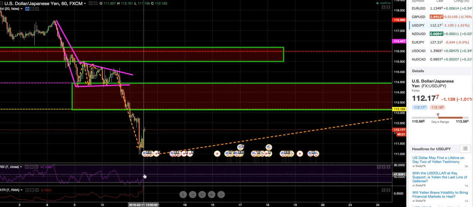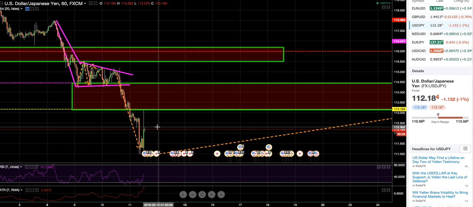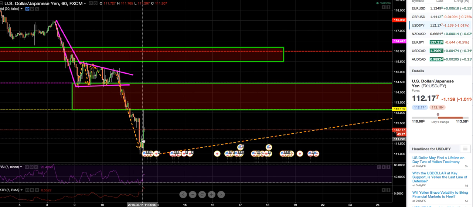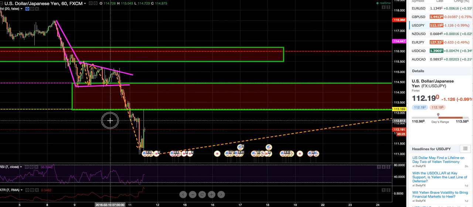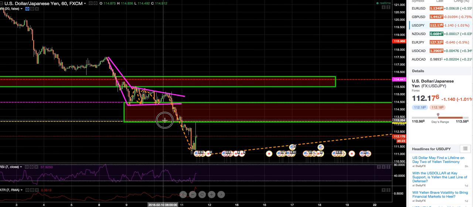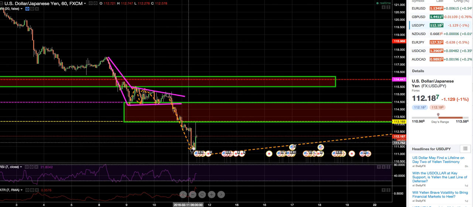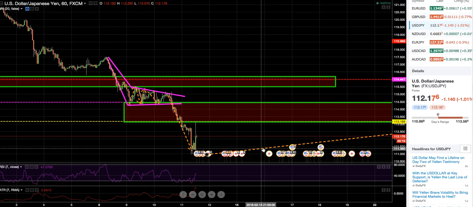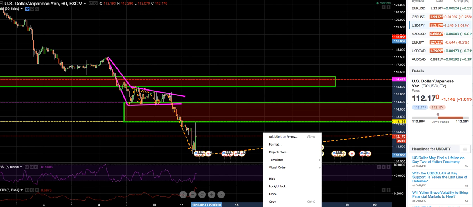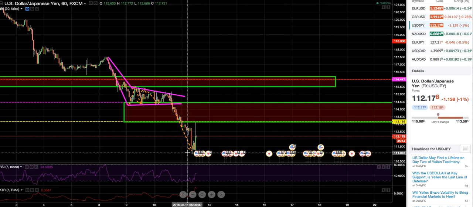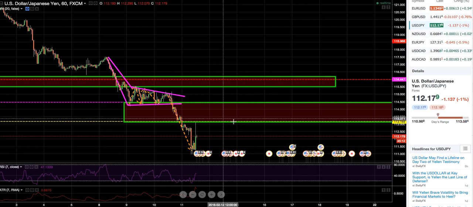The RSI, we're in the middle, so no concern there. There's nothing here that is telling me to go either short or long. This is an interesting level because of the wick and because of the structure.